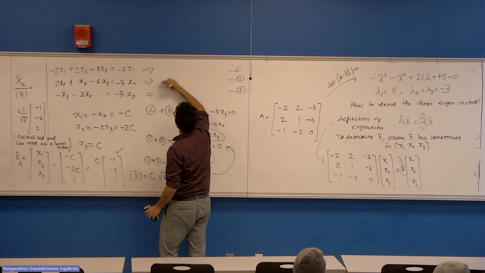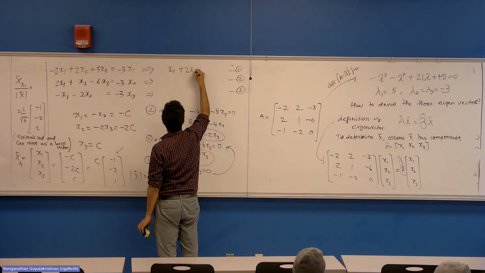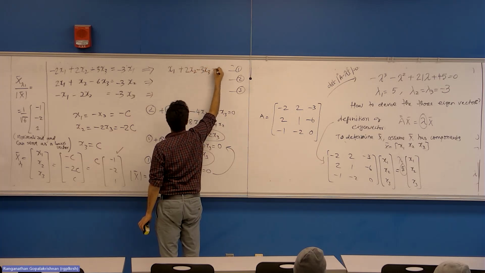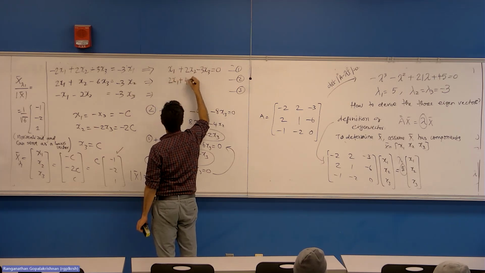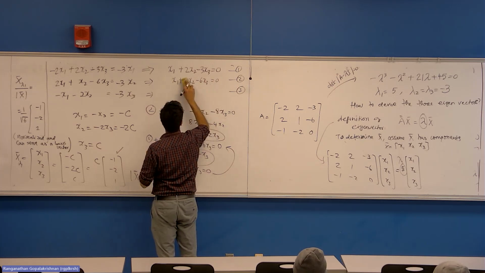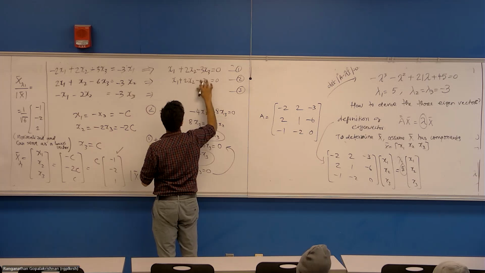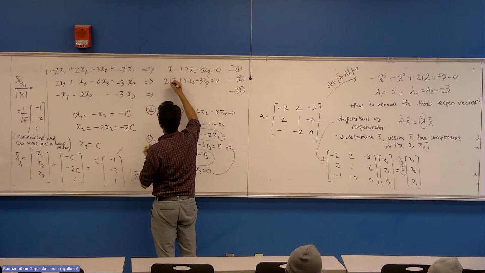So I'm going to write x1, x2, 3x3 equal to 0. 2x1 plus 4x2 and 6x3 equal to 0, which is the same as x1 plus 2x2 minus 3x3 times 2.